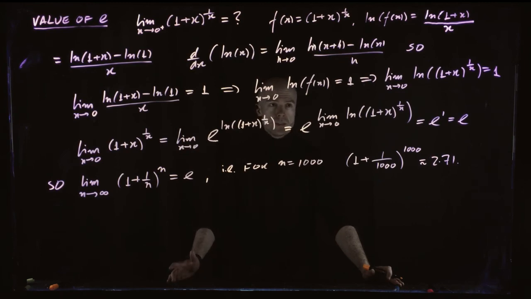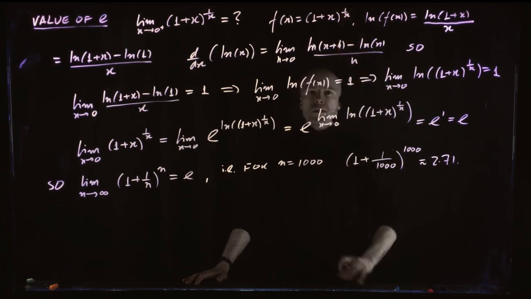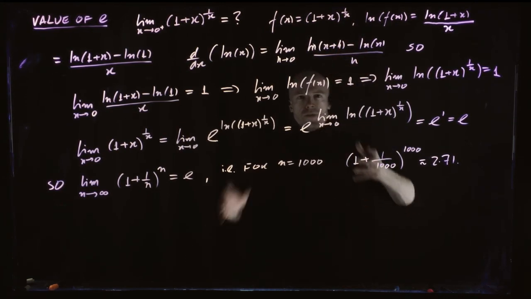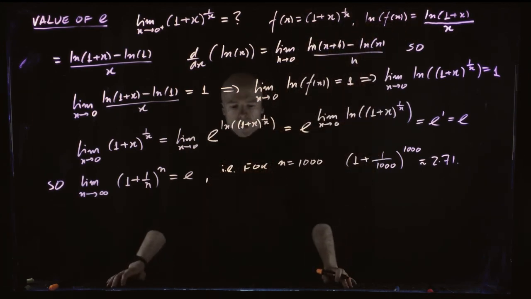So that's another thing that we can find out. We used this idea of log differentiation, but in this case we used it to simplify this (1 plus x) to the 1 over x. I said in the last lecture that whenever we have something to some power and the power is some kind of function, we don't want to deal with it.